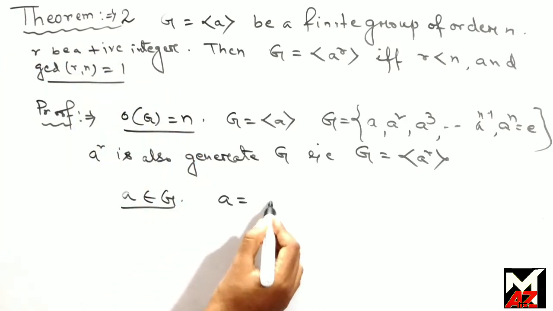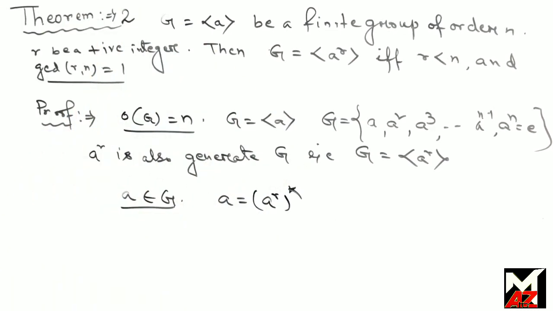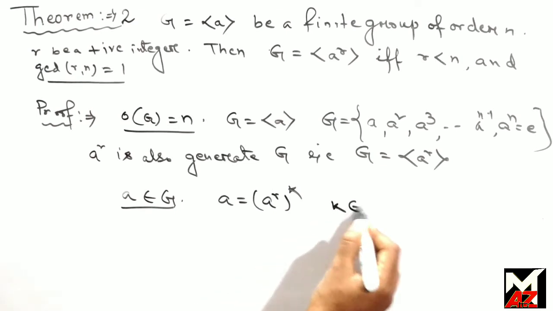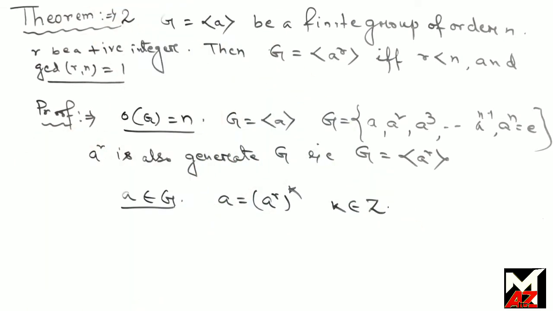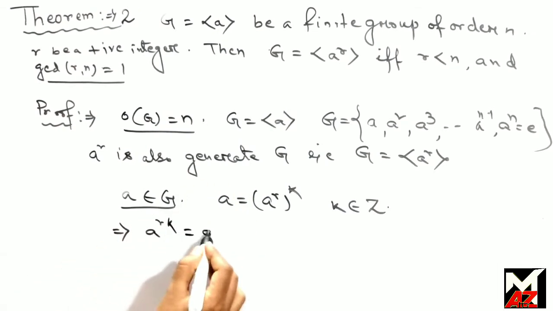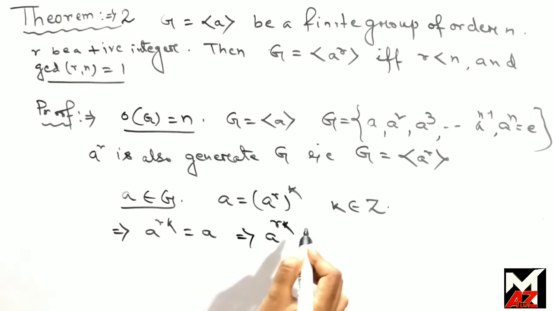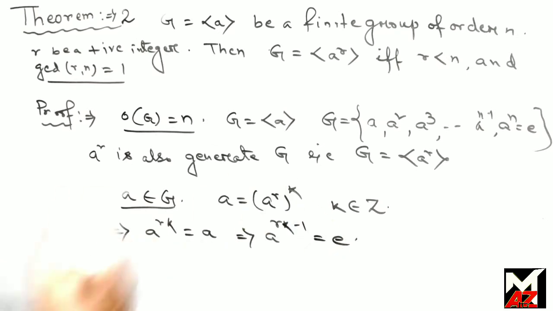Let it be k, where k is any integer. Then this relation gives a to the power rk is equal to a. That is, a to the power rk minus 1 is equal to e.